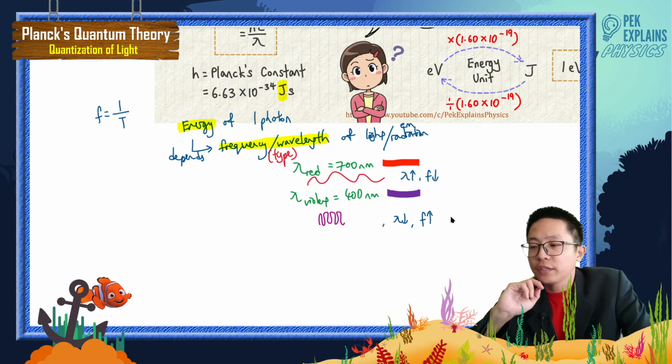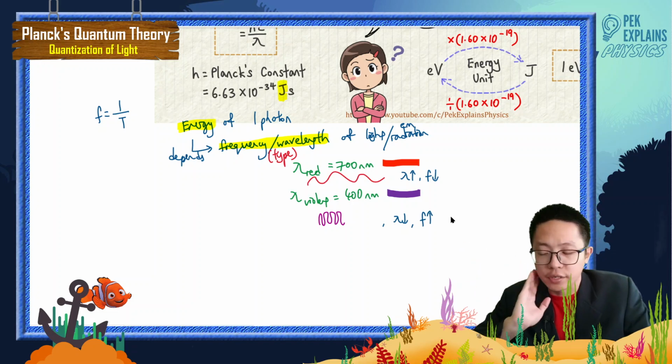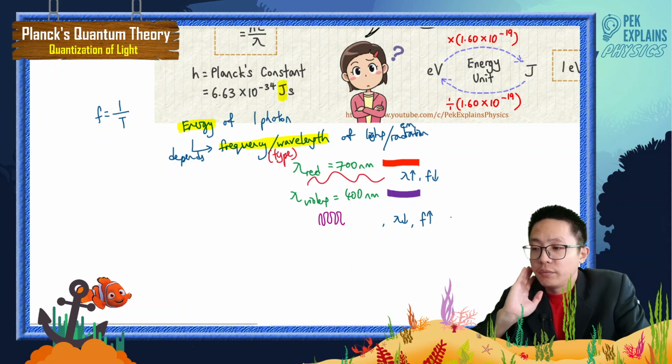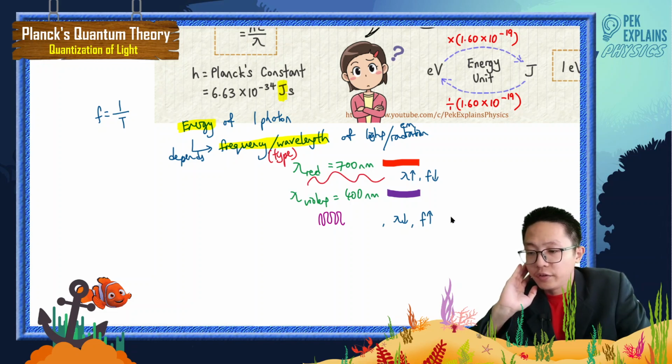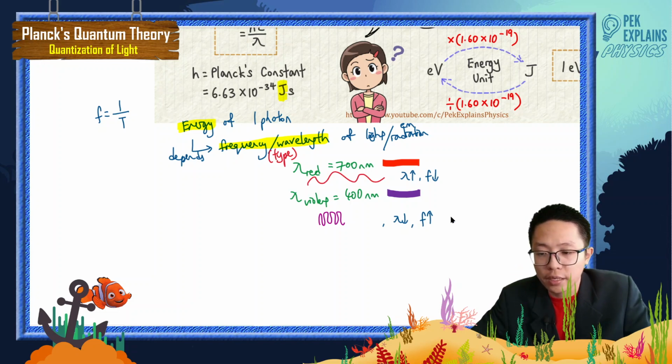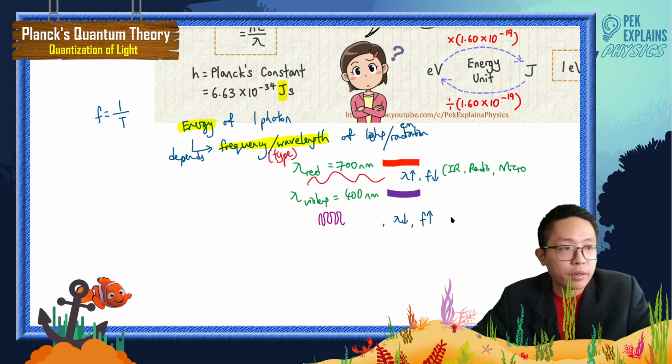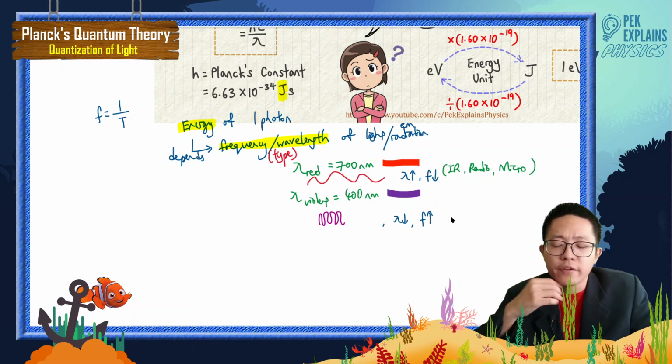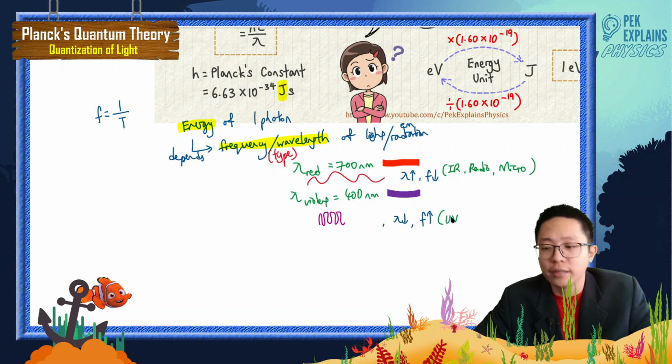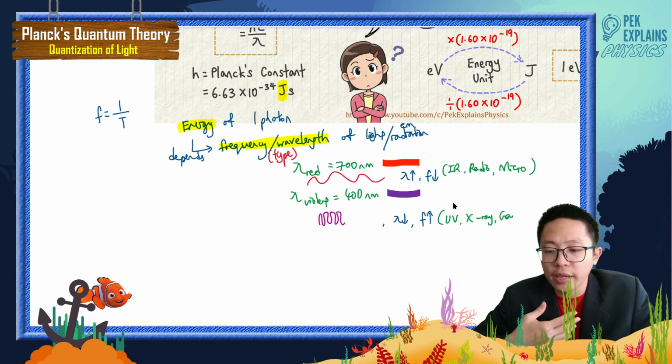After red we have infrared, which is in the long wavelength category. We have radio, we have microwave. And then violet, we have high frequency. We have ultraviolet. Violet is like ultraviolet, red is like infrared. We have X-ray, we have gamma ray.